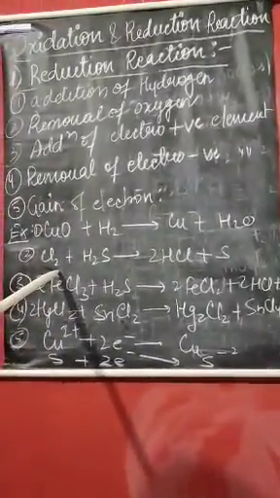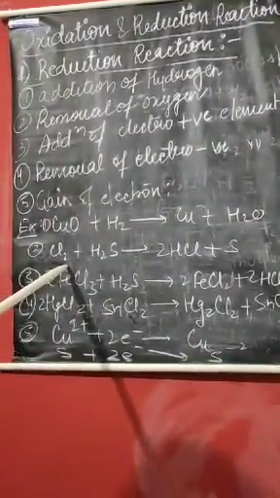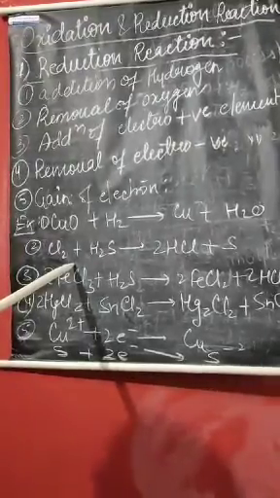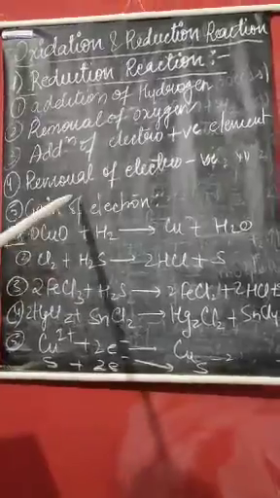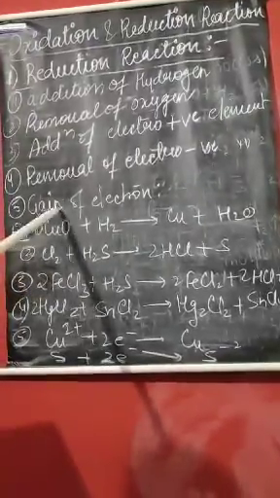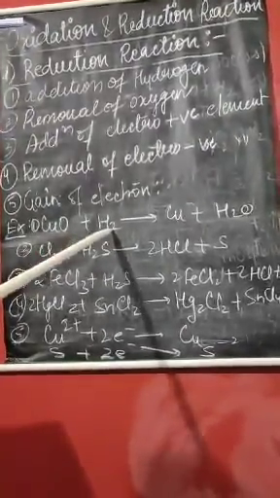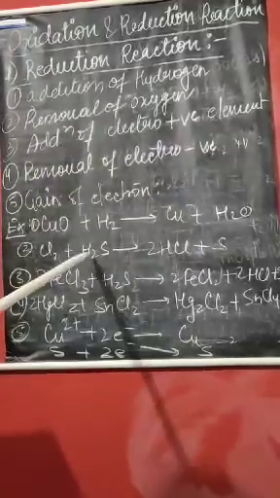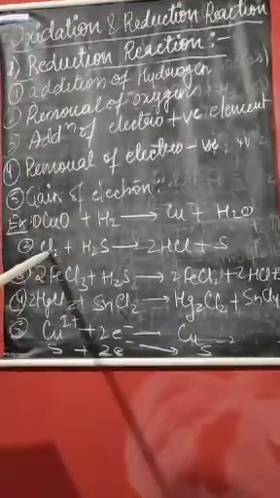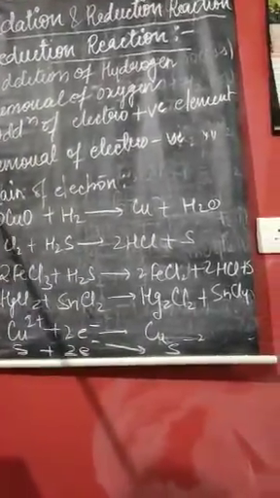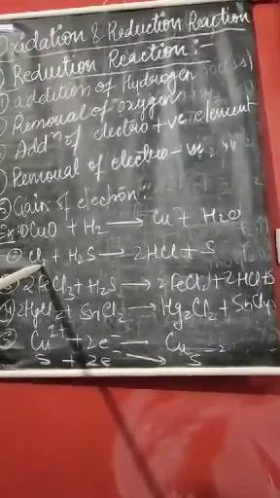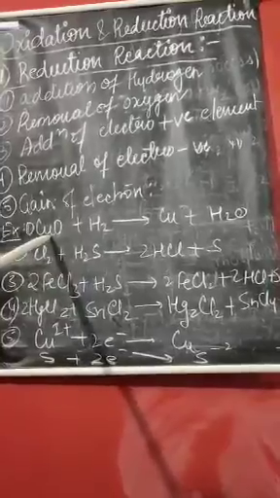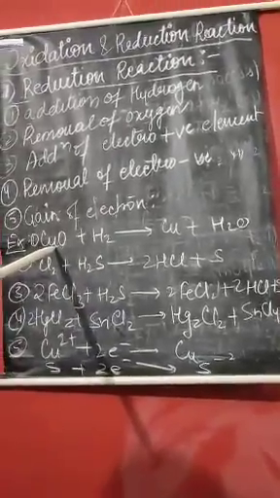Second is removal of oxygen. See, oxygen is getting removed from here and addition of hydrogen is here. This hydrogen is getting attached to chlorine. This is for addition of hydrogen and this is for removal of oxygen.